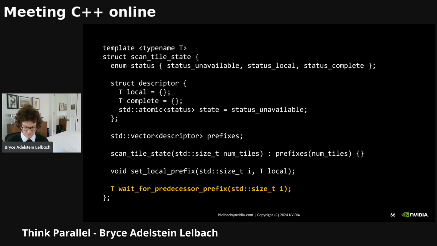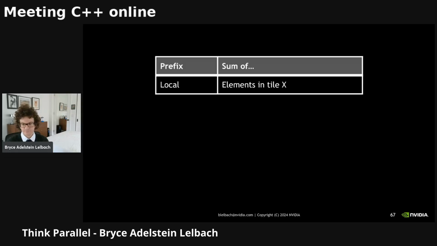Wait for predecessor prefix is called by tiles to retrieve the sum of all elements before the tile, which must be added to all of the tile's elements. Wait for predecessor prefix searches through predecessor descriptors, reconstructing a predecessor prefix from the local and complete prefixes of the predecessors. Now, there are three types of prefixes that we're working with here, so let's go over them to make sure that there's no confusion. Local prefixes are the sum of the elements in a given tile and no other elements.